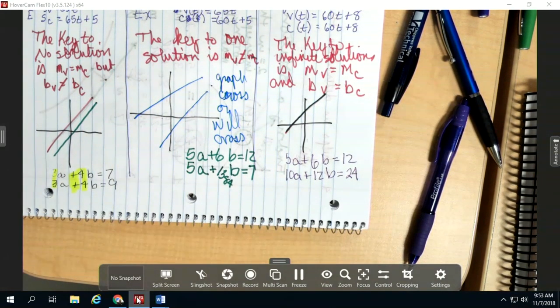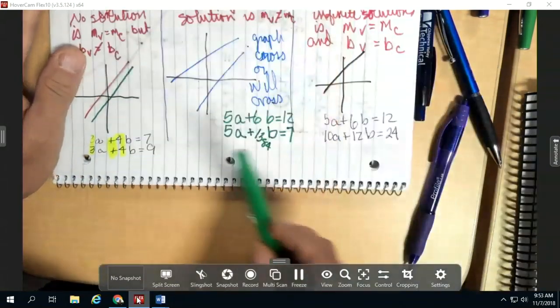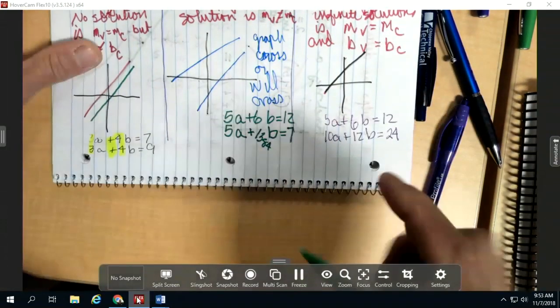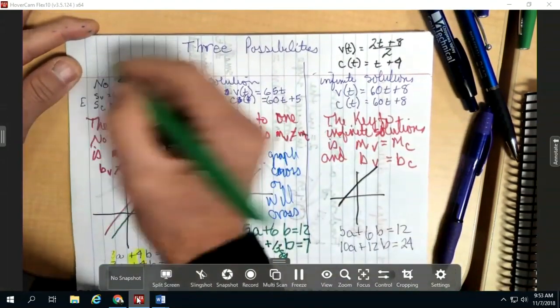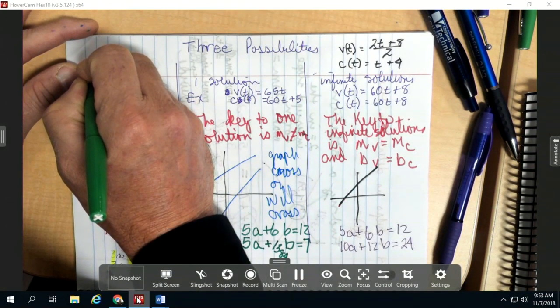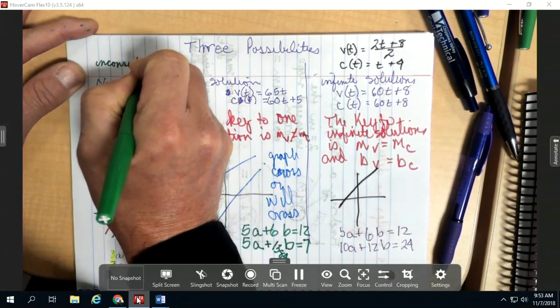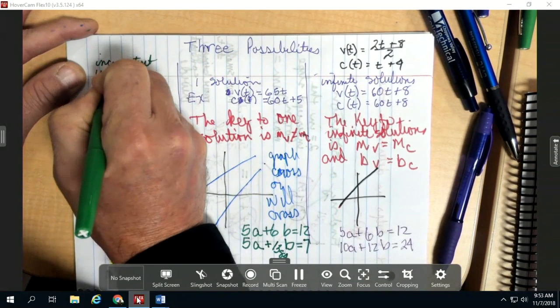One more thing before we go. We'll just write it at the bottom. Mathematicians are enthralled by their use of vocabulary. We say these two equations are inconsistent and independent.